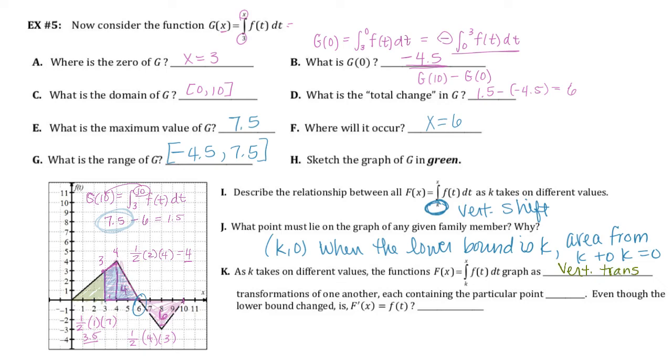It's a vertical transformation of one another, each containing a particular point that's going to be K, 0. Okay, and then it says even though the lower bound changed, is f prime of x still equal to f of t? Very important, and the answer is yes. Always remember that if we can.